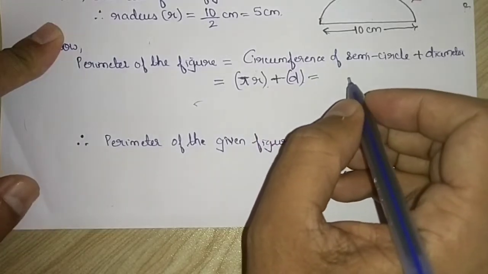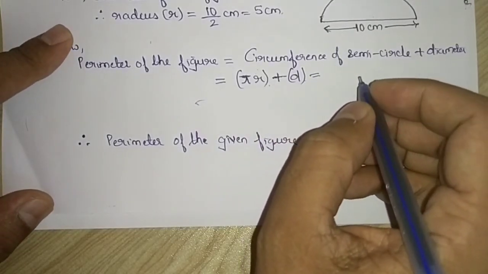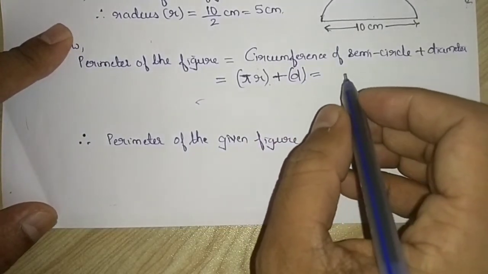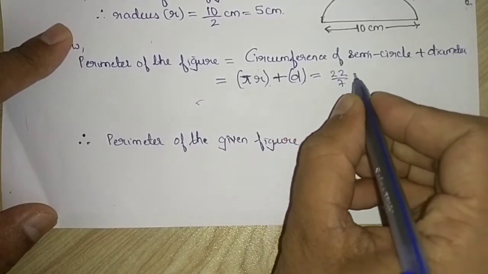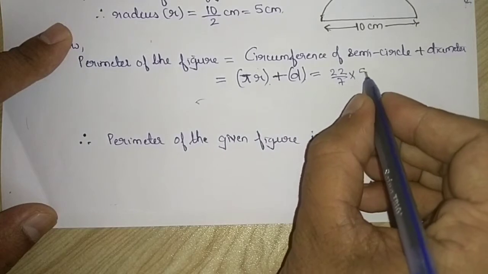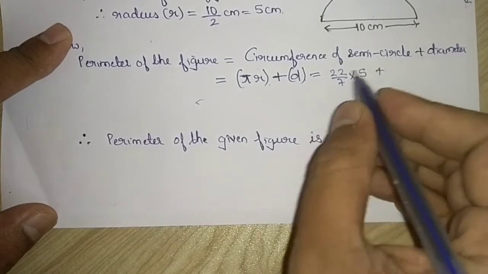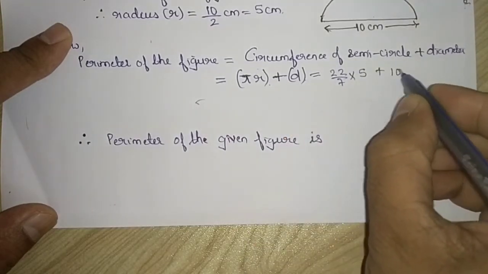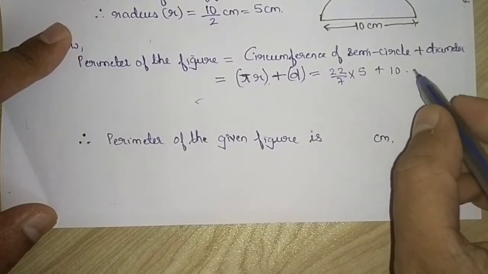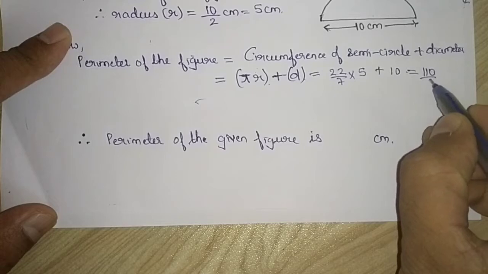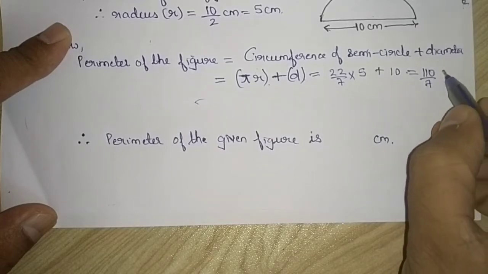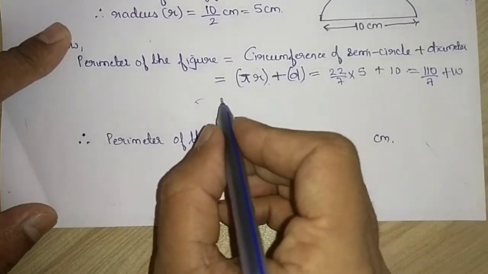If I place the values here, in question number 7 they have not given us the value of pi, so I will take 22 by 7 into r, r is 5, plus diameter, diameter is 10. When I multiply 22 into 5, I will get 110 divided by 7 plus 10.